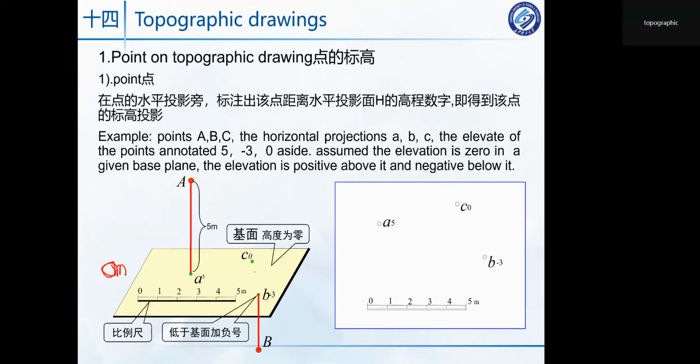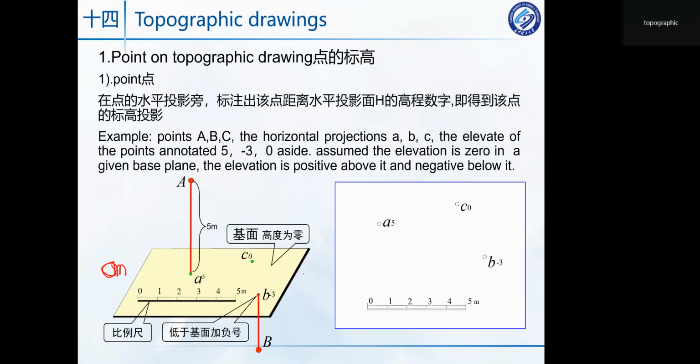Yes, at the sea level, and in this plane, you can see C is on this plane, so its elevation is 0. And how about the B, the -3? Where is B? Lower than the sea level. Yes, so you can see B is lower than the sea level.